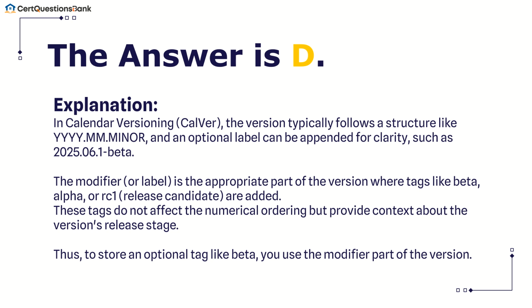The modifier, or label, is the appropriate part of the version where tags like beta, alpha, or RC1, release candidate, are added. These tags do not affect the numerical ordering but provide context about the version's release stage. Thus, to store an optional tag like beta, you use the modifier part of the version.